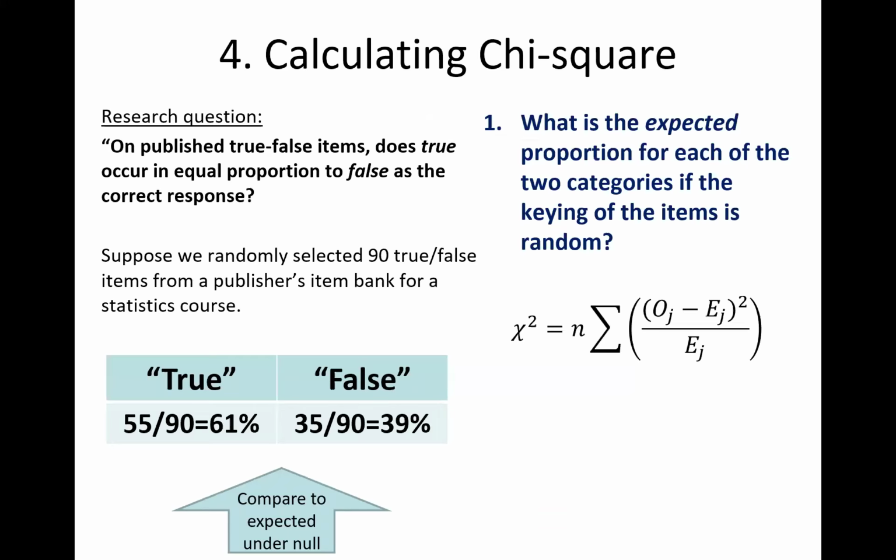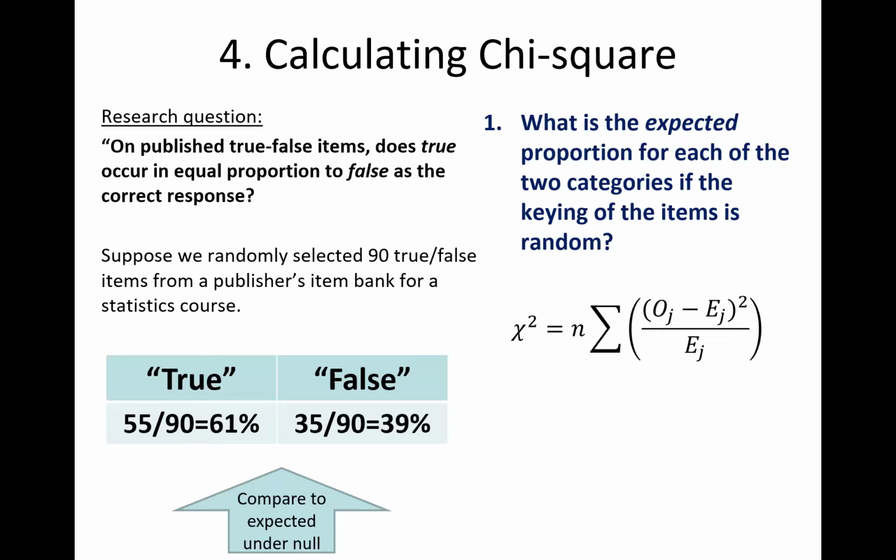So we convert them to proportions, and we say we've got 61% or 0.61 of the cases are true and 39% are false. So we have to compare to what's expected under the null hypothesis. Remember, under the null hypothesis, there's no difference between what we observe and what we expect.